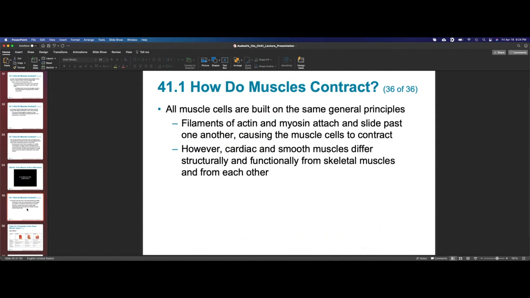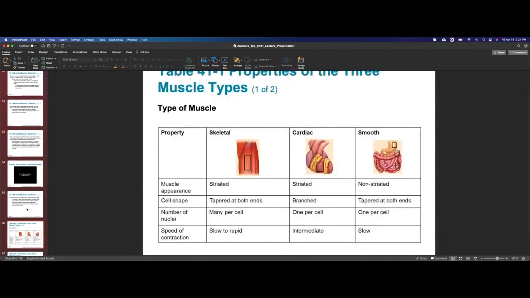Okay, so this is really the end of our conversation about skeletal muscles as far as their unique properties. Now we're going to talk about those other two kinds of muscles, cardiac and smooth ones, and they differ in some interesting ways.